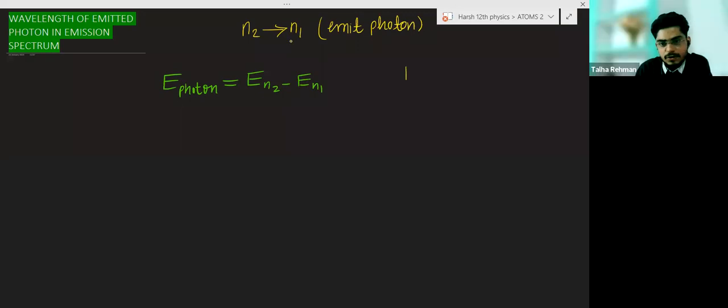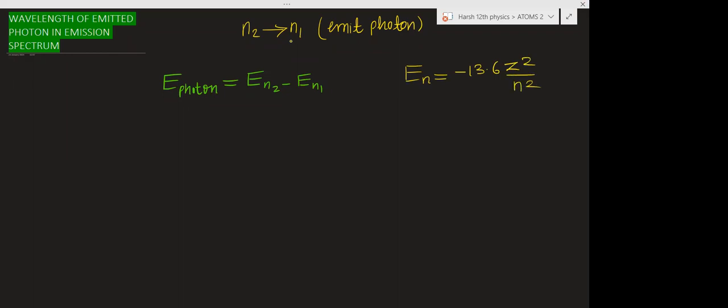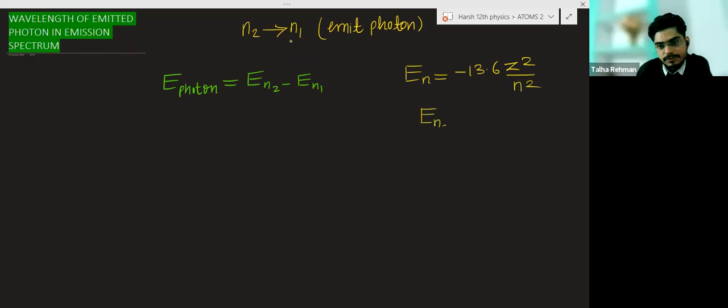And the energy of an electron in the nth energy level is given by minus 13.6 Z square divided by N square. So in the N2 energy level, the energy of the electron will be minus 13.6 Z square divided by N2 square. Similarly for N1 you can write.